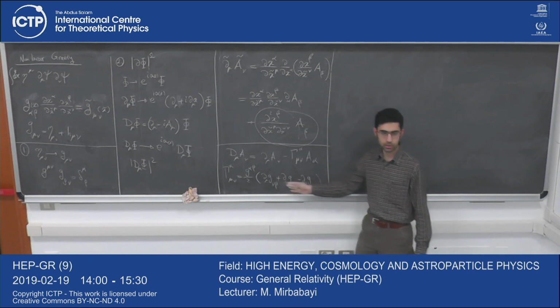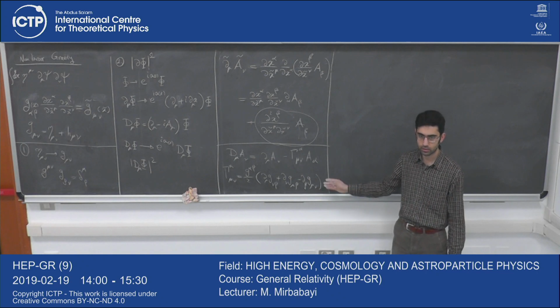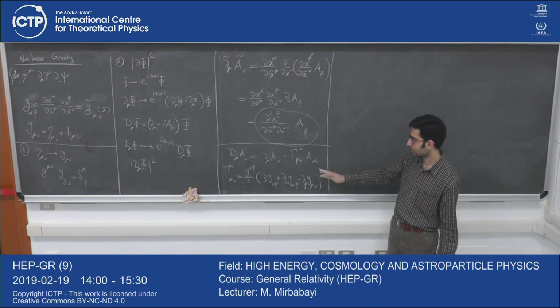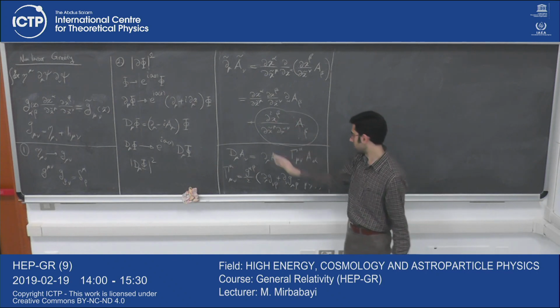One can check explicitly that this object does not transform like a tensor, and its deviation from being a tensor is exactly like that.